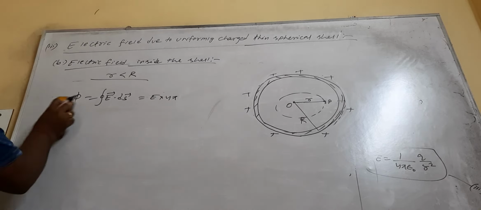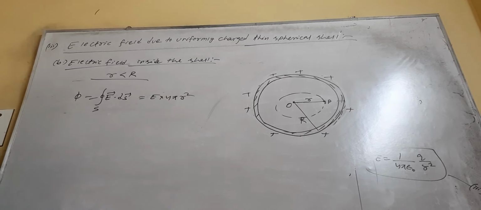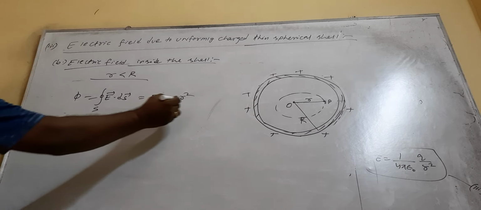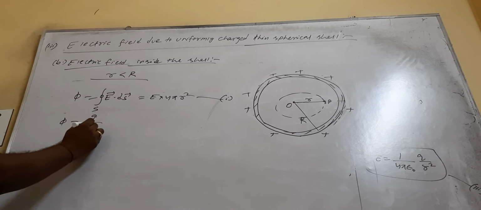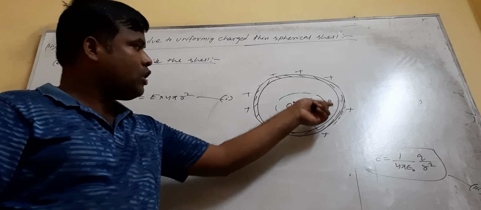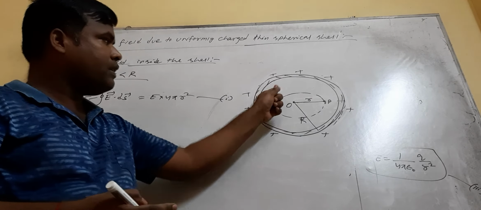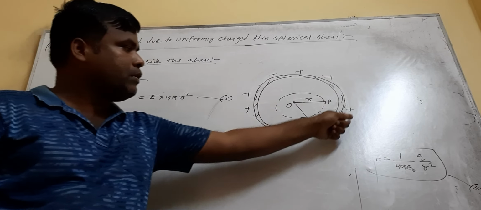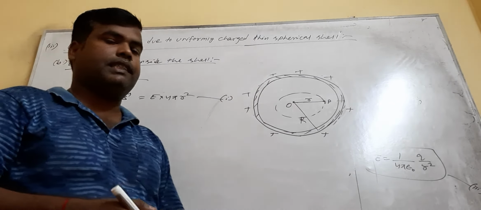That is phi is equal to the integration of E vector dot ds vector, that is E into 4 pi r square, equation 1. And by applying Gauss law, phi is q by epsilon 0. And you see, in this Gaussian surface there is no charge. It is vacuum. The charge is distributed on its surface, so there is no charge within the Gaussian surface.